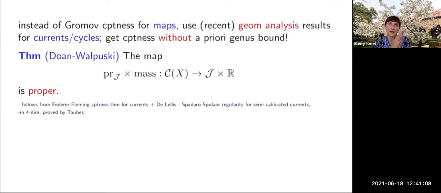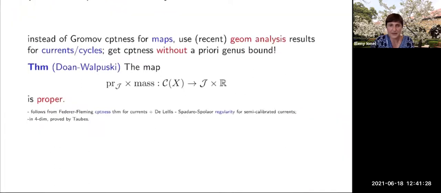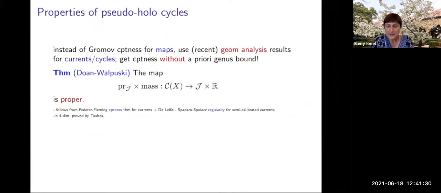If J is compatible with omega, then we know that holomorphic curves are actually minimal surfaces. So in particular, they are what are called calibrated things. There is a notion of calibration. And if J is only tamed, then it's in fact semi-calibrated. So there are these more general results in geometric measure theory, regularity results for semi-calibrated currents.